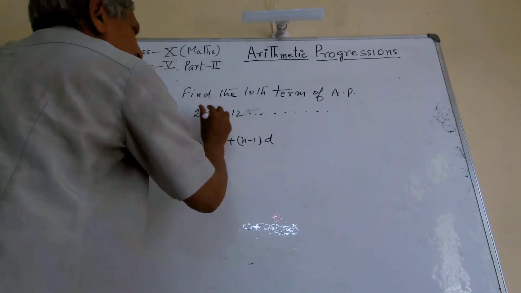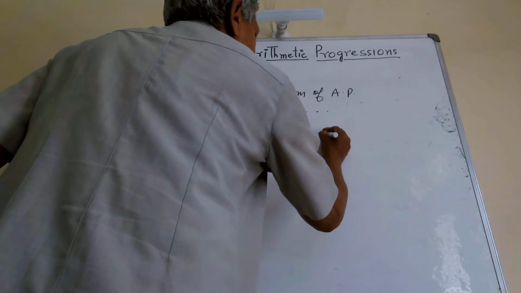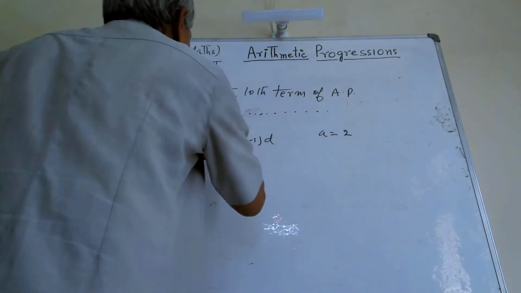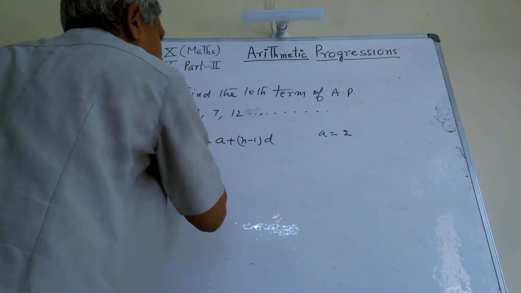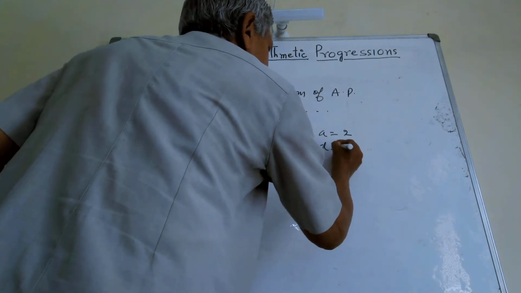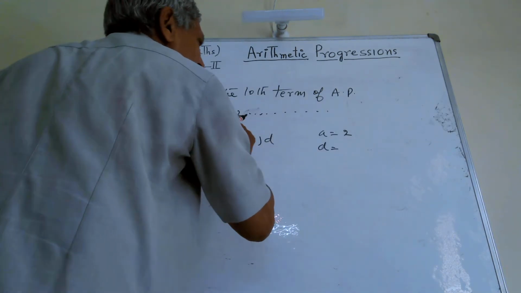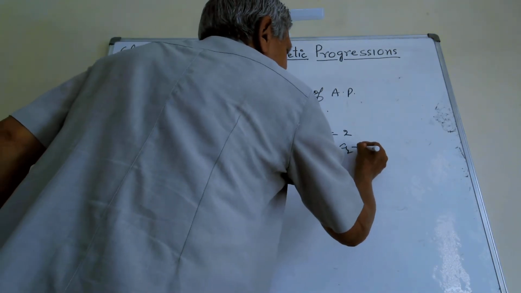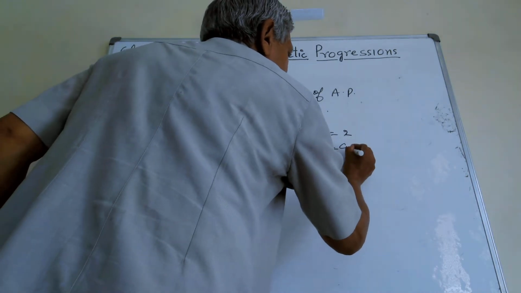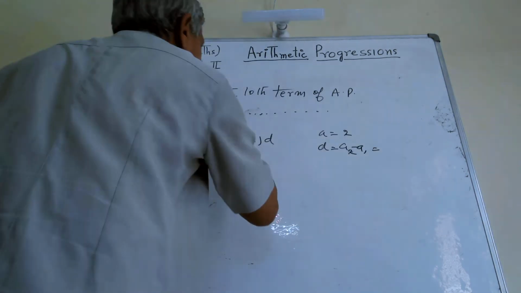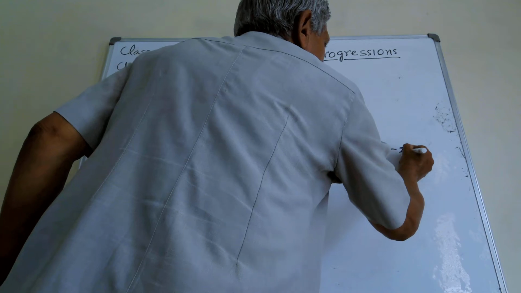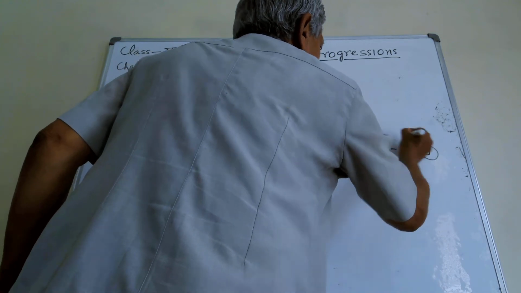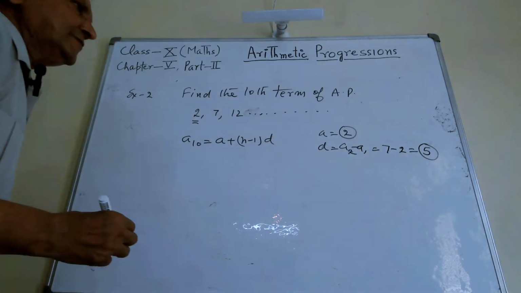Here, from this series, a is equal to 2. And what is d? d is equal to the difference a2 minus a1, which is 7 minus 2 is equal to 5. So d is equal to 5 and a is equal to 2.